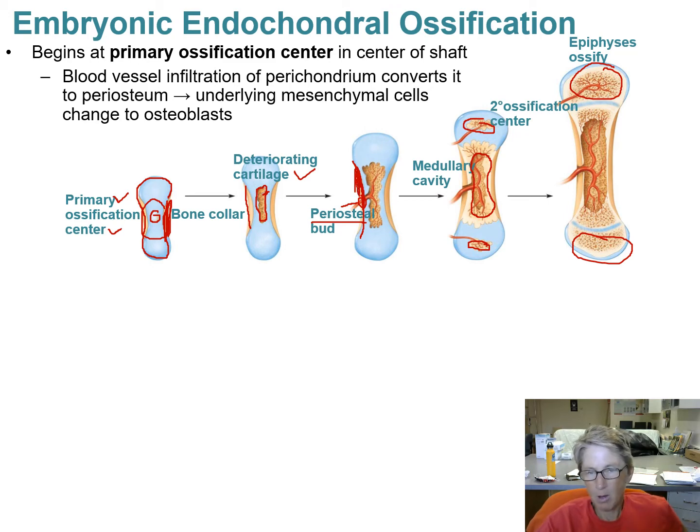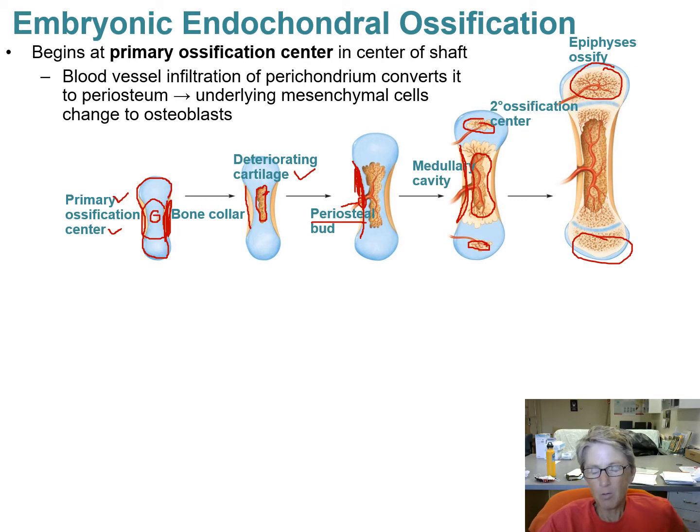So if it's covering the embryonic bone and it's cartilage, it's a perichondrium. If it changes to a covering that's covering the bone part of the template, then it's a periosteum.